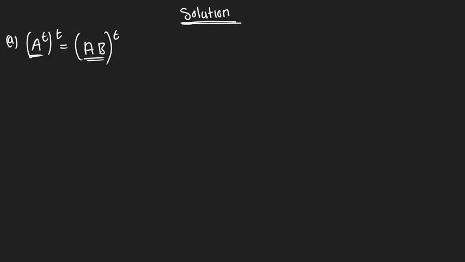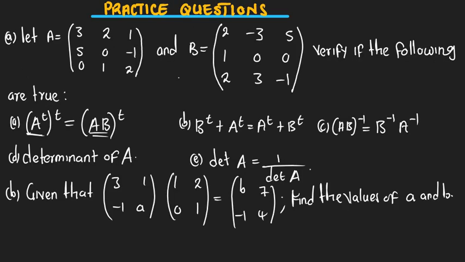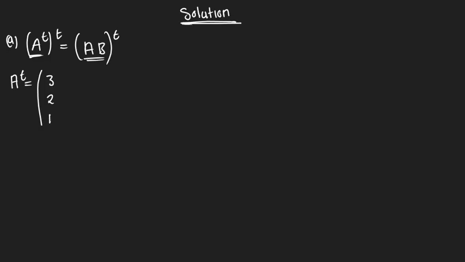So A transpose is going to be 3, 2, 1, and then 5, 0, -1, then 0, 1, and 2. This is A transpose.